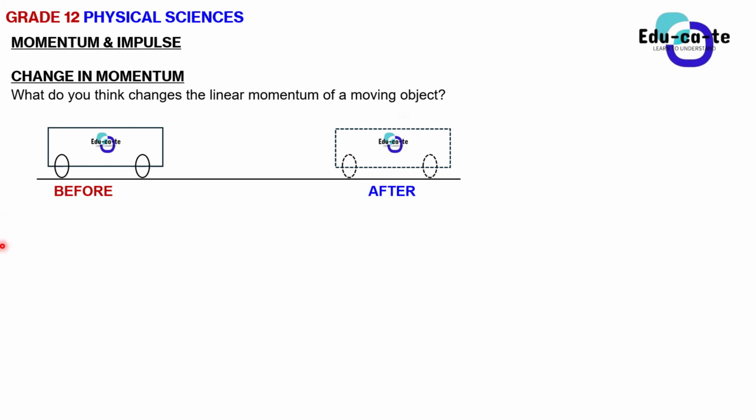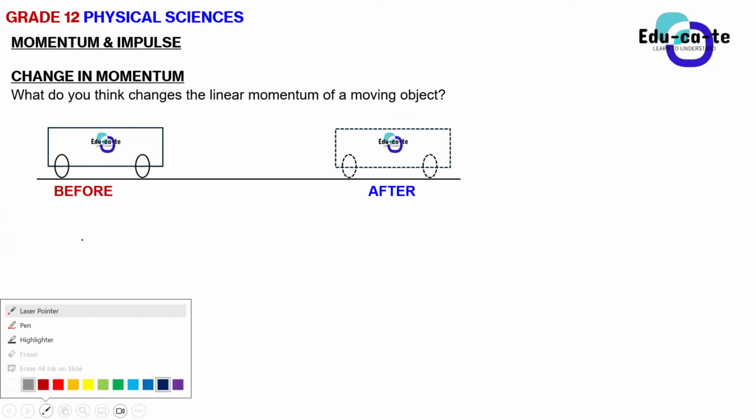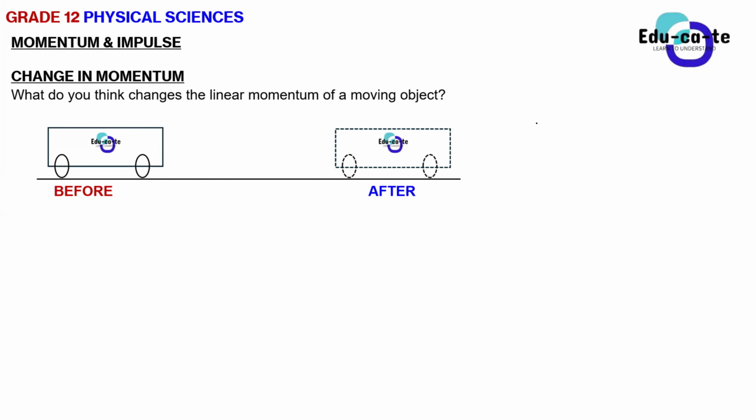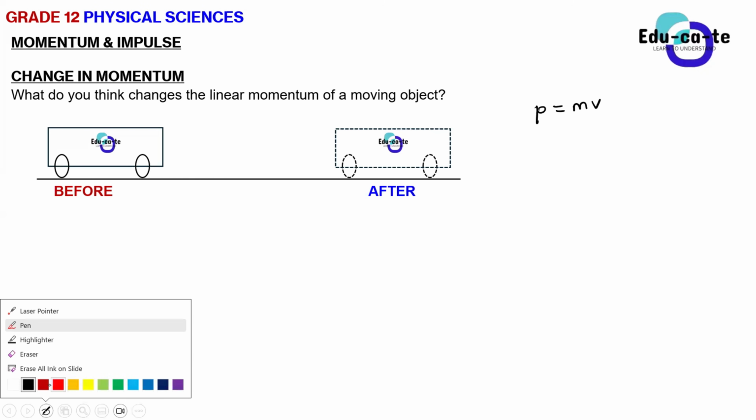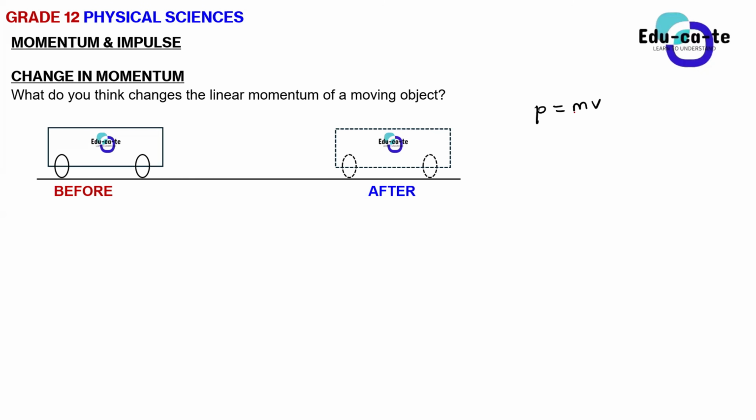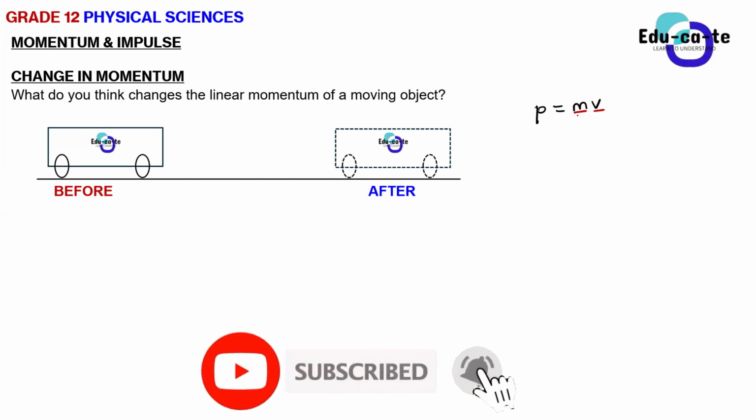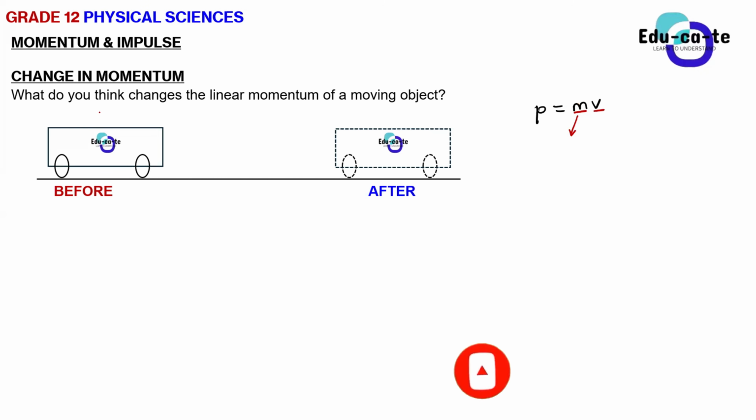All right, let's just rewrite the formula one more time. Remember, we said that linear momentum is equal to mass times velocity, right? So if you can see in this equation for finding momentum, the mass and the velocity, which one can change? Does the object's mass change as it moves from point A to point B? No, the mass always remains constant.